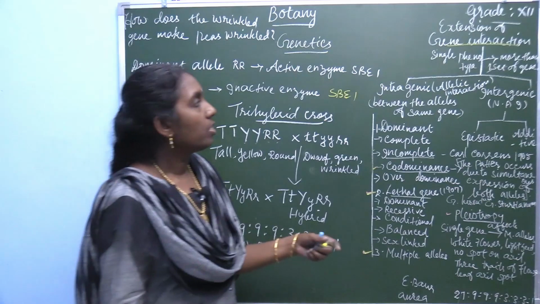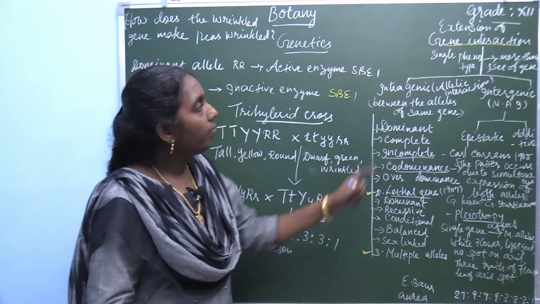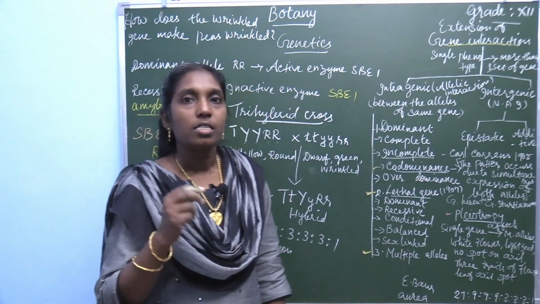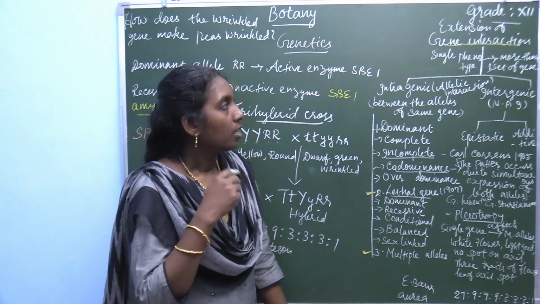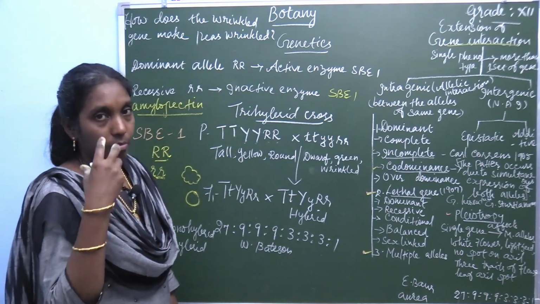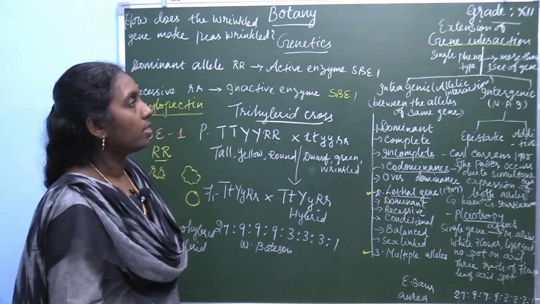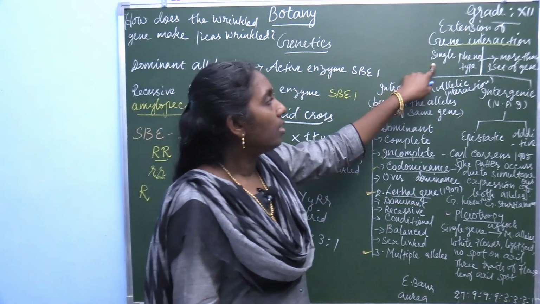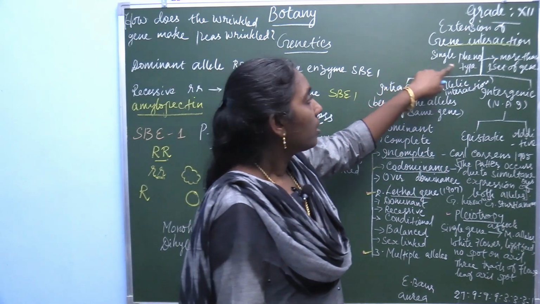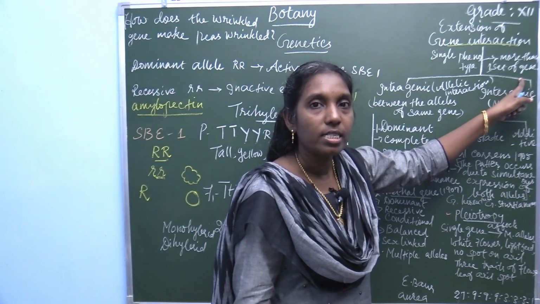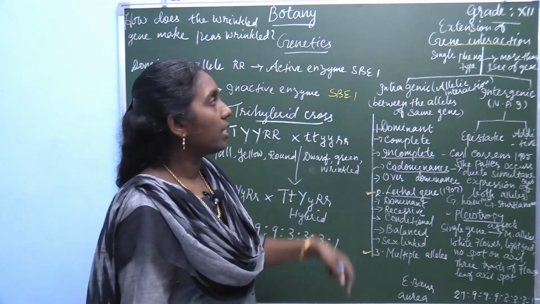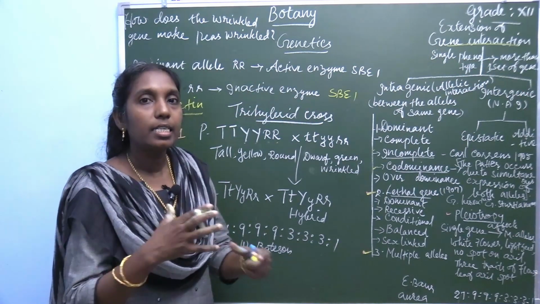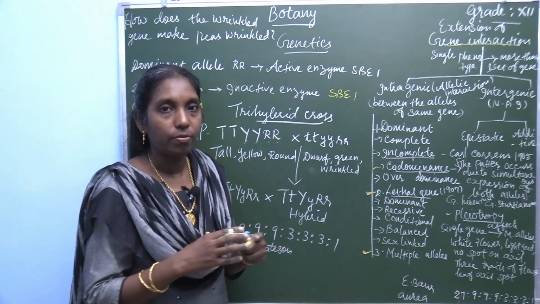So, gene interaction is when a single phenotype is given by more than one set of genes. It is the interaction of genes.